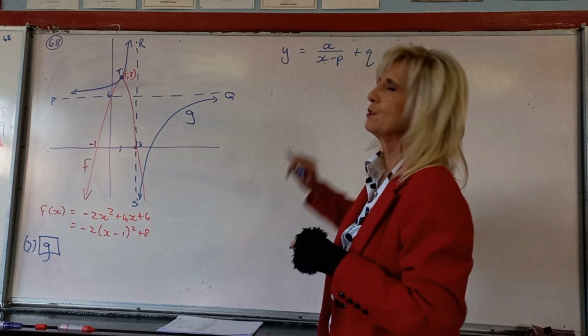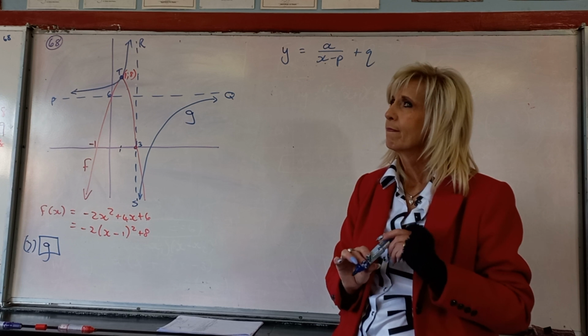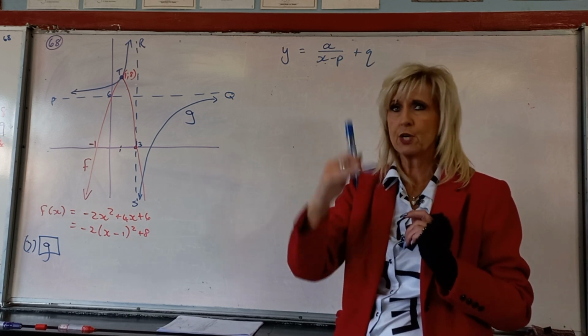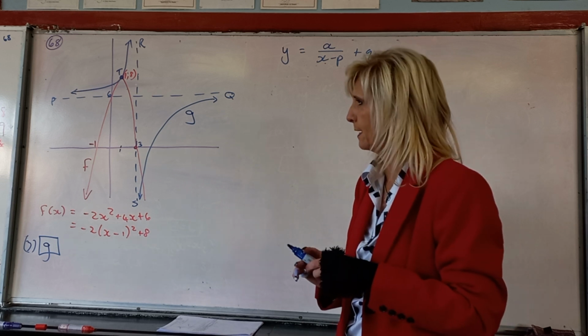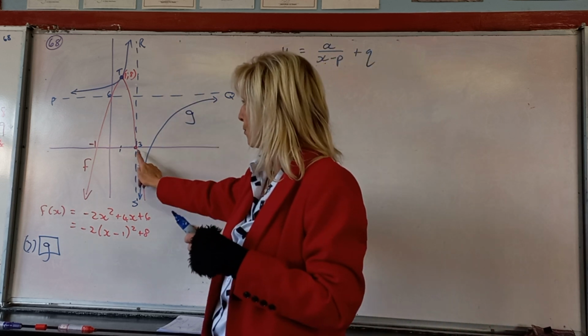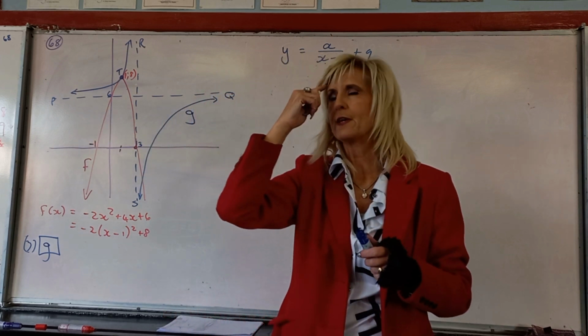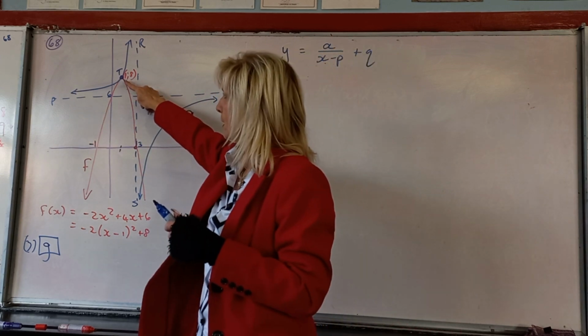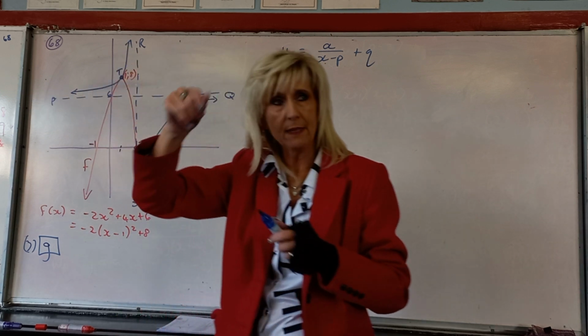What is P and Q's purpose here? They are the shifts, the asymptotes, which have been given to me. And in words, the question said that the asymptotes go through 3 and go through 6. There was something else they said, that the turning point is also on the hyperbola, and I'm going to need that now.